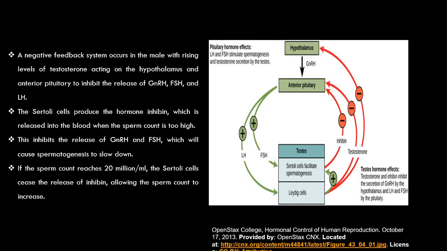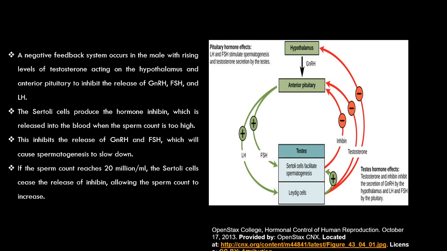The negative feedback system occurs in the male with rising levels of testosterone, which act on the hypothalamus and the anterior pituitary to inhibit the release of gonadotropin releasing hormone, FSH and LH. The Sertoli cells also produce the hormone inhibin, which is released into the blood when the sperm count is too high.